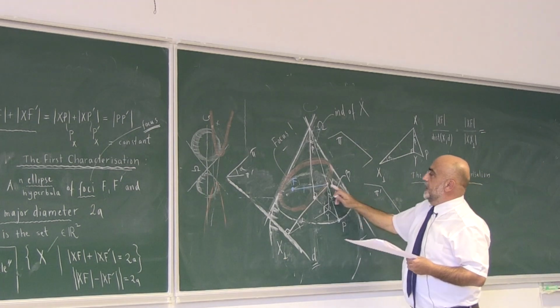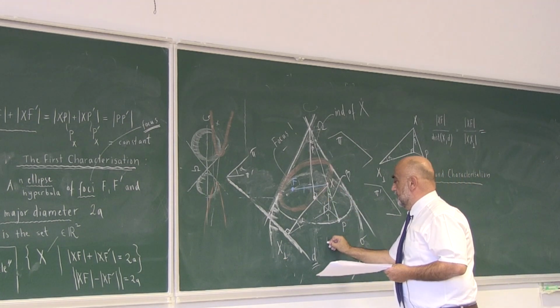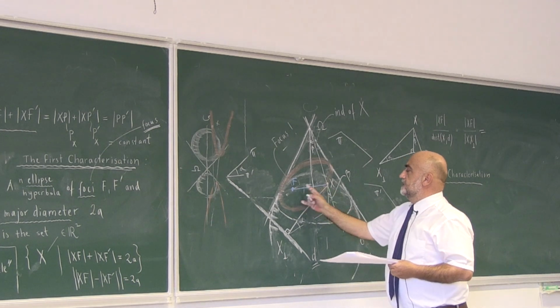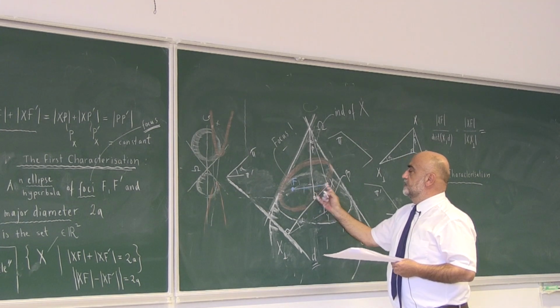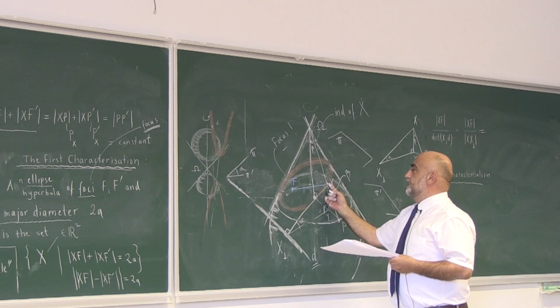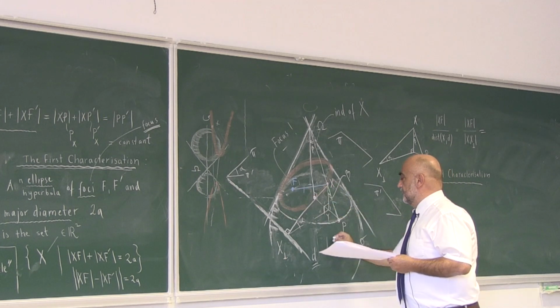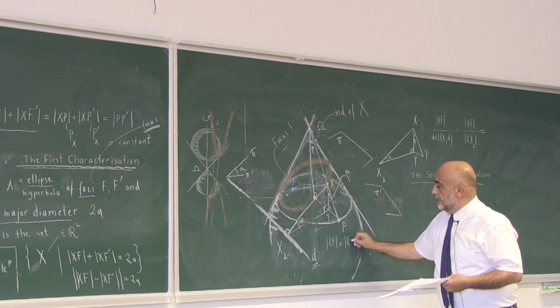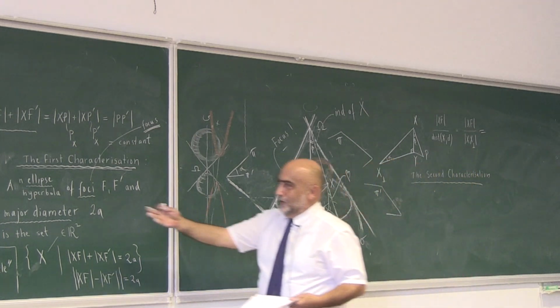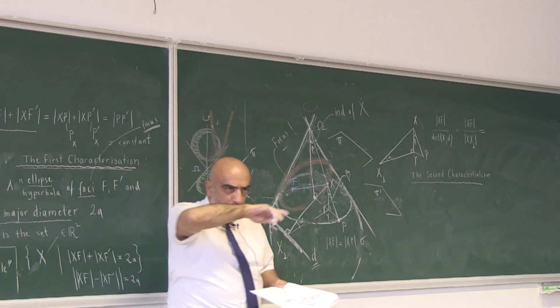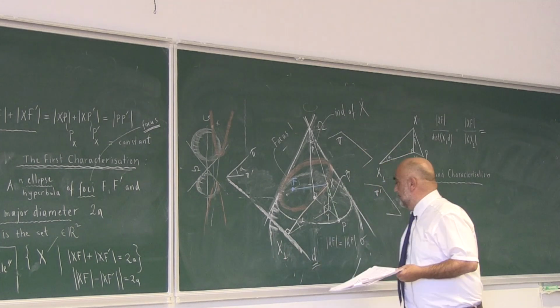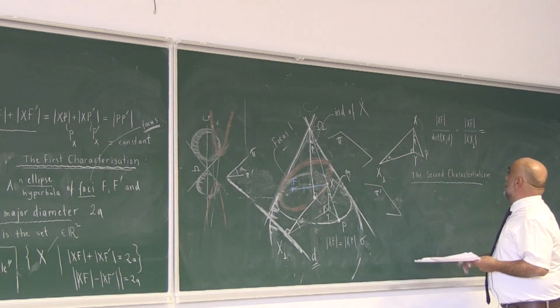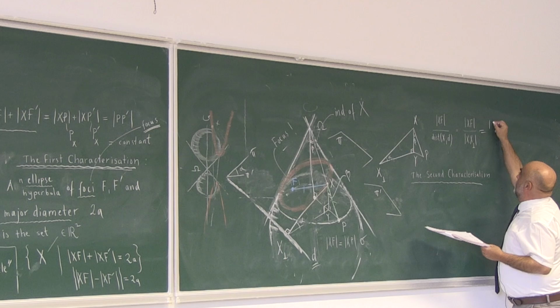I know that XF, this is the length of the line segment from the point X until the point of tangency. Well, I know that it is exactly the same as XP. It's the same thing again, all line segments have the same length. XF is equal to XP. So instead of XF, I put XP.